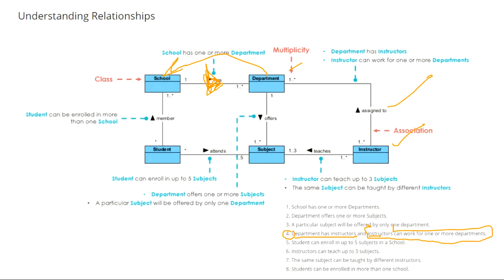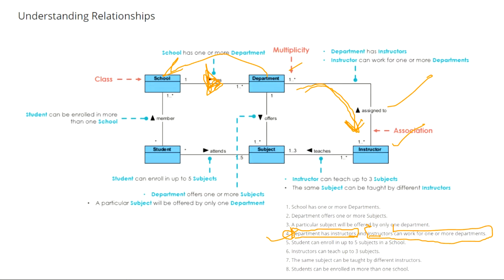What does the first statement say? Department has instructors. Are they reading it from here to here? If I say department has instructors, is the diagram being read from here to here?